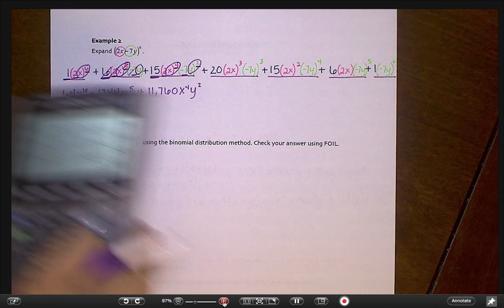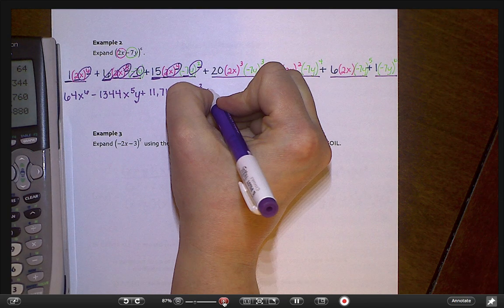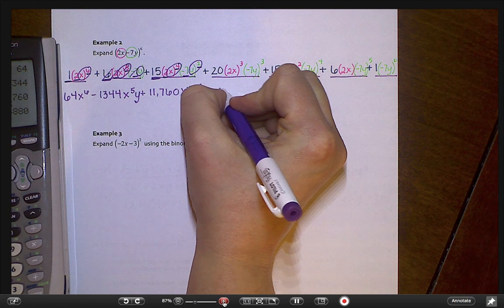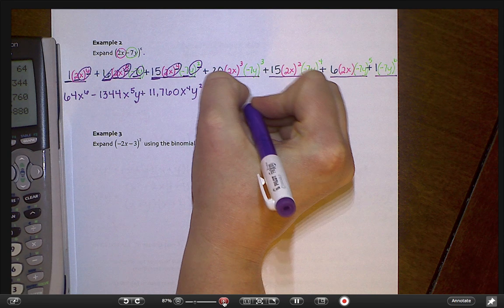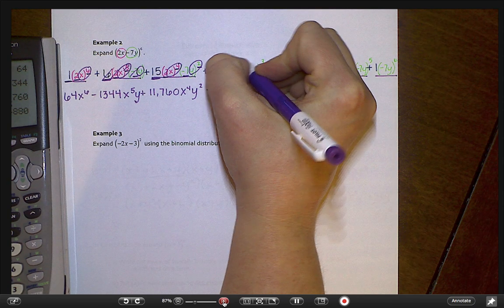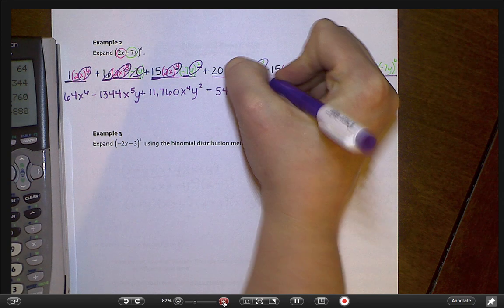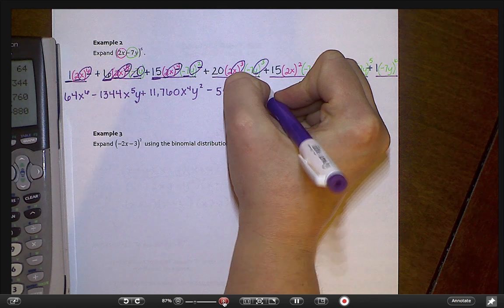And so again, this is another negative, so this is going to be subtraction. 54,880. These numbers get really giant really fast. And then I have an x cubed and a y cubed.